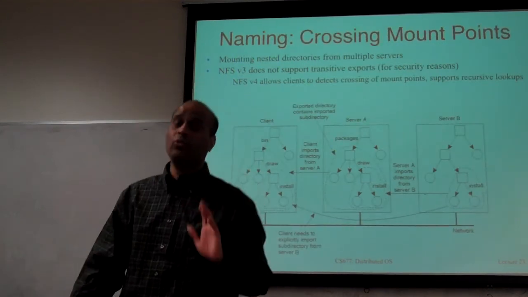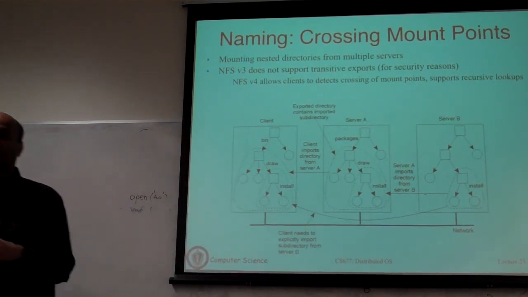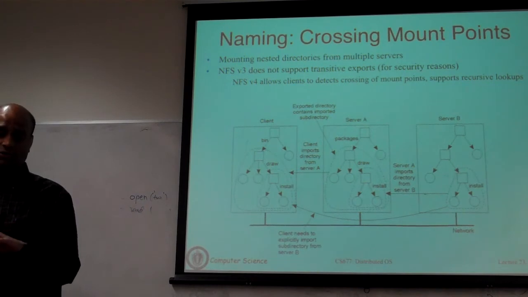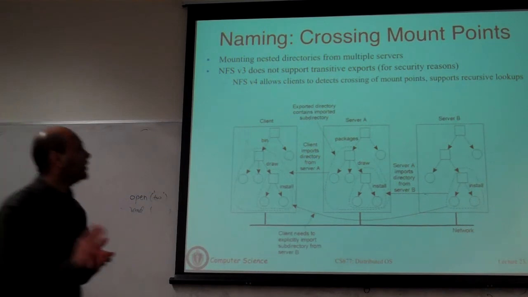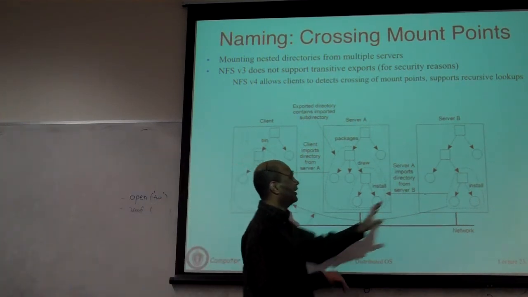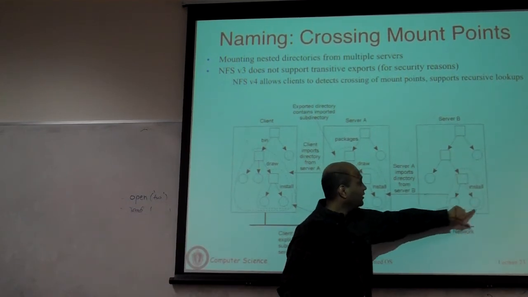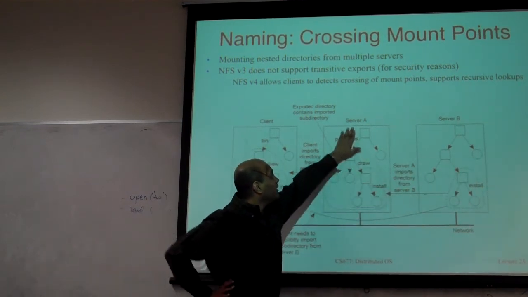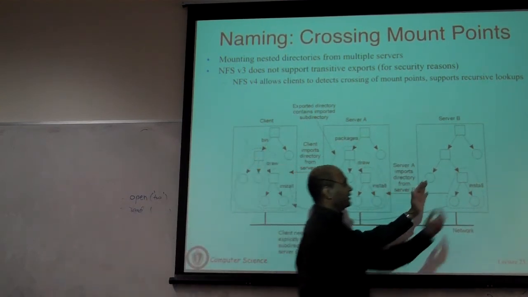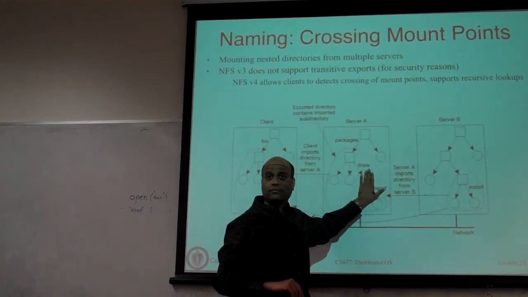Now there are some interesting questions that arise when you try to use the mount protocol. Okay, the first one that we are going to look at is this notion of transitivity. Should mount protocols be transitive or not? And what I mean by that is the following. Okay. Let's assume there is this server B here, and that has exported this part, these files to another machine. Okay. Here is server A that has mapped these files onto its local subtree here. Okay.